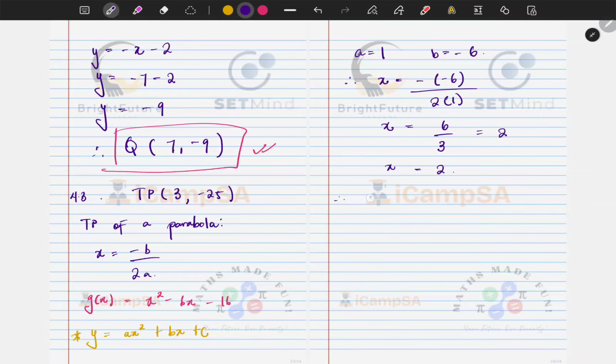Remember, y is x squared minus 6x minus 16, so we can substitute in. This is not supposed to be 2, it's supposed to be 3 here.